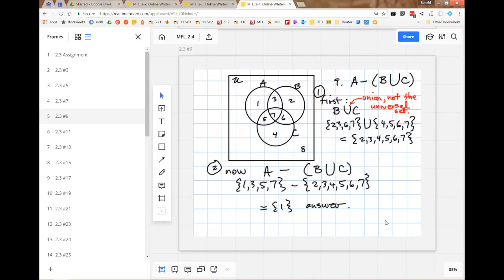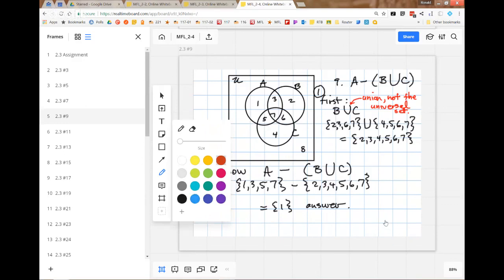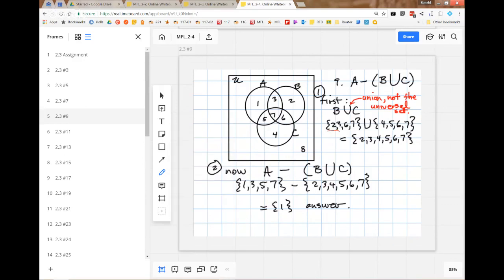Sure. Here's the picture on the screen, and problem number 9 is written at the top. We're supposed to do A remove B union C. So we have to do what's in parentheses first, B union C. B is 2, 3, 6, 7.